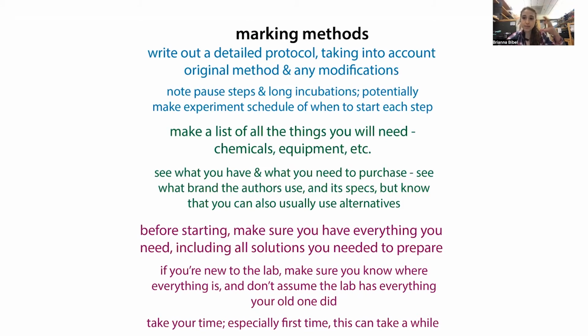And so you're going to have to mix and match and write up your own protocol, taking into account that original method and any modifications, either those that you read about or those that you want to introduce. Probably try it the way that they do it first before you introduce any wild modifications, just to make sure that you can recreate the original results.